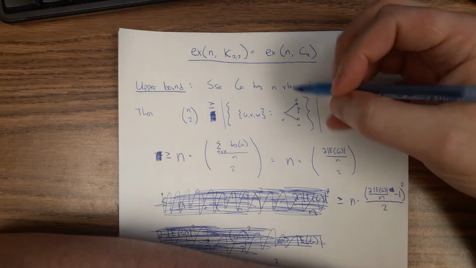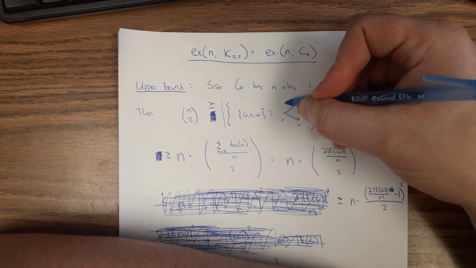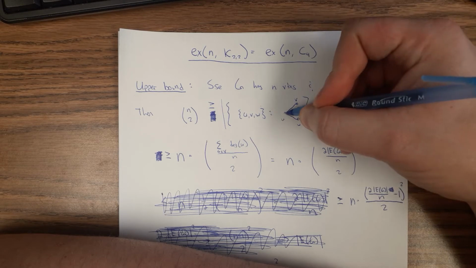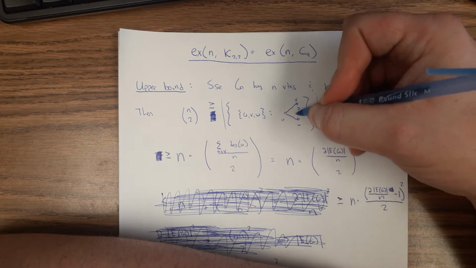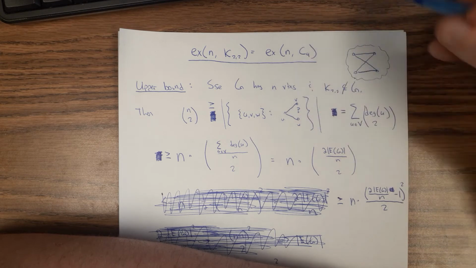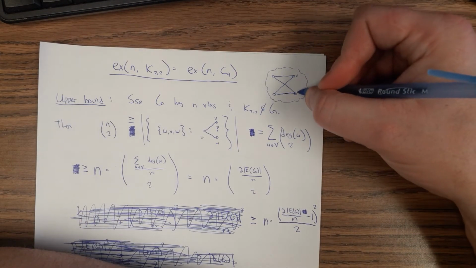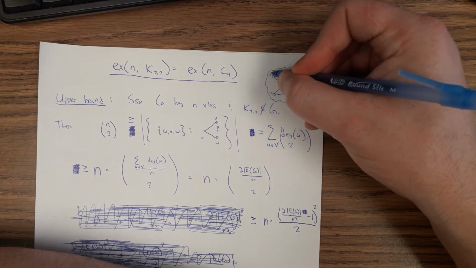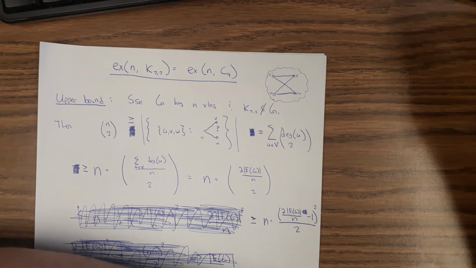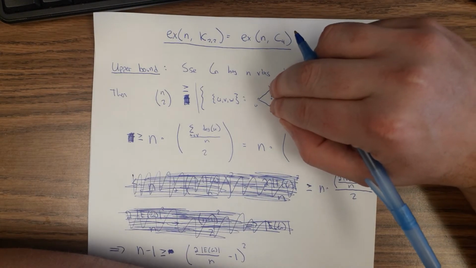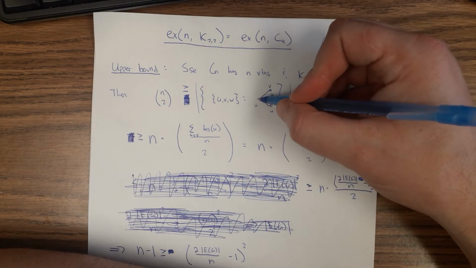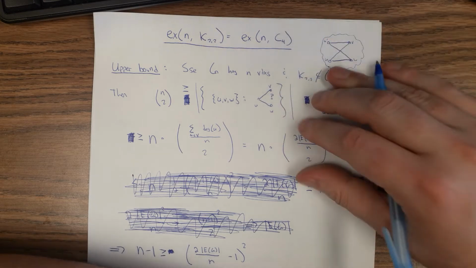Because if u and u prime were both common neighbors of v and w, that would be a K_{2,2}. That would be this picture. But we don't have that.